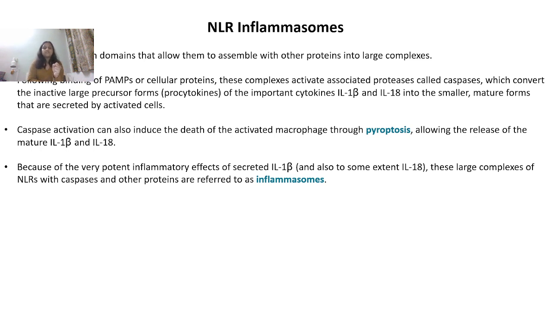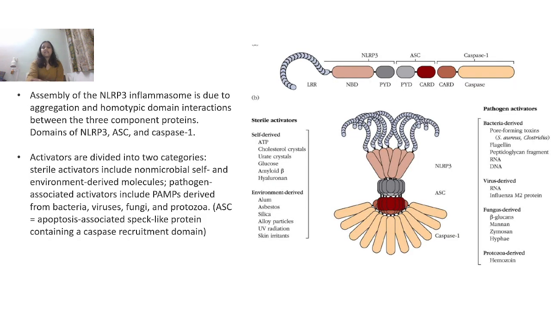Whenever IL-1 beta and IL-18 are secreted, there is a potent inflammatory effect occurring inside the cells. So these large complexes of NLR and caspases as well as other proteins are referred to as inflammasome because of the inflammatory nature of IL-1 beta and IL-18.